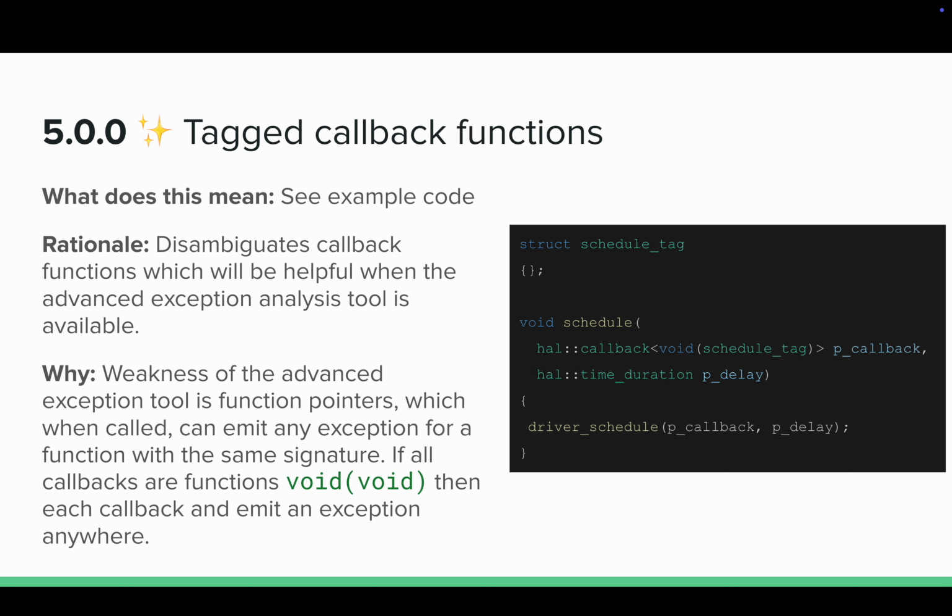But there are some weaknesses to this analysis. It's kind of just a weakness in how abstractions, or polymorphism, work in general. So in the case of virtual functions, I'll go over that in a little bit.